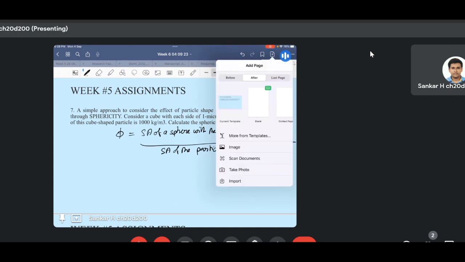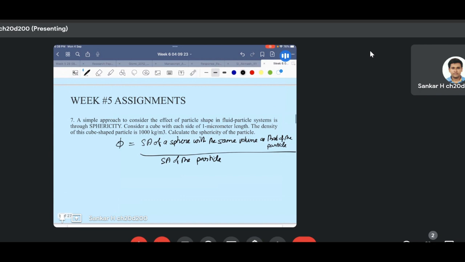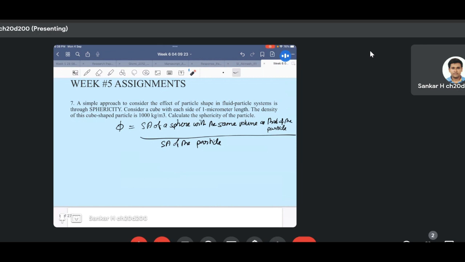Although this equation looks so big, it's not very tough, it is quite straightforward. Now, for a cube, we'll find it out first. Then I'll explain to you why sphericity is important.